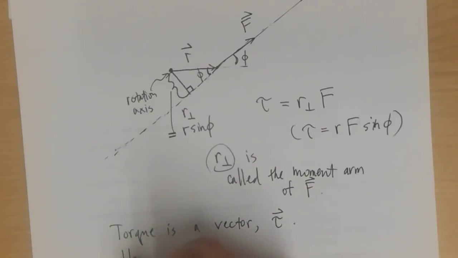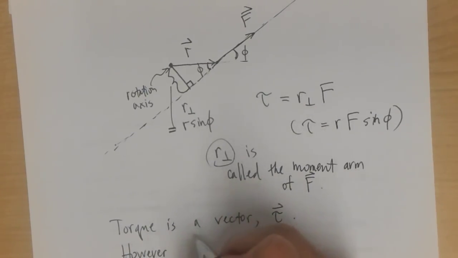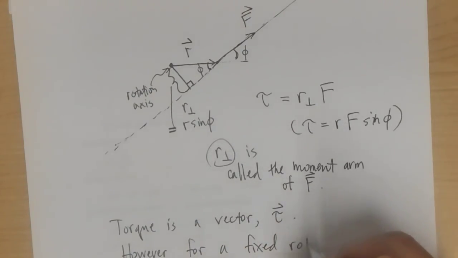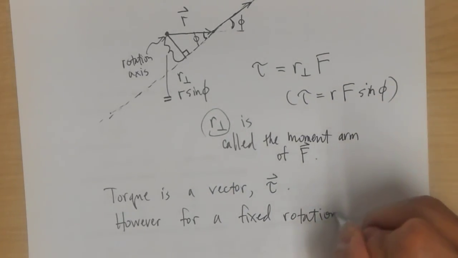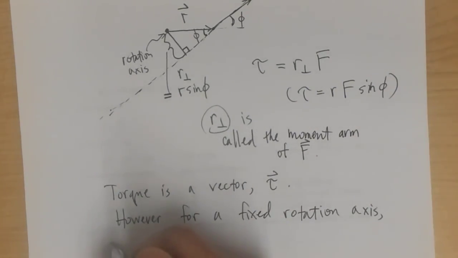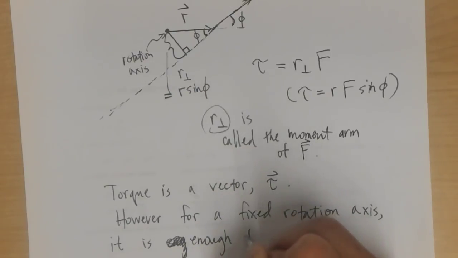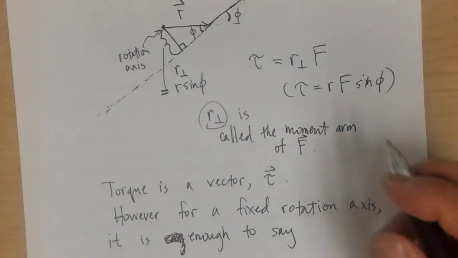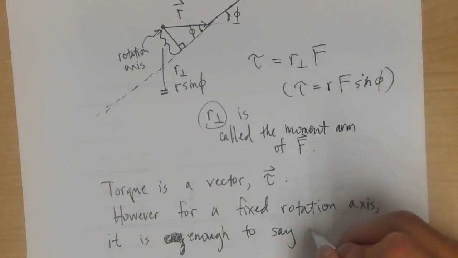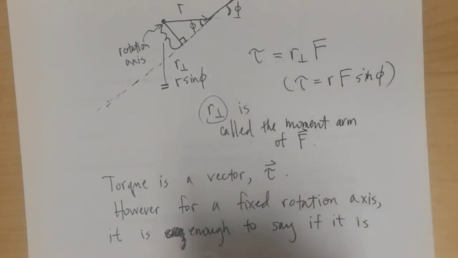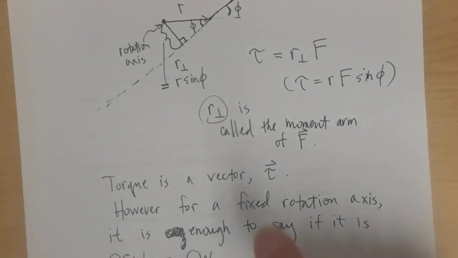However, for a fixed rotation axis, it is enough to say if it is counterclockwise or clockwise. We already said this, but I just want to emphasize it. We'll come back to the notion of torque as a vector.